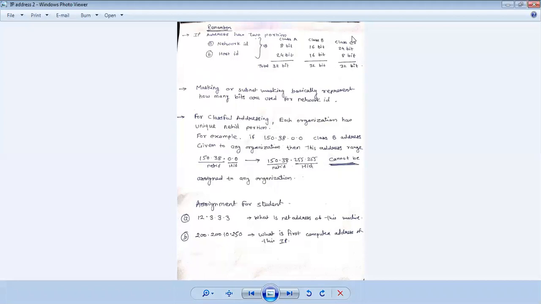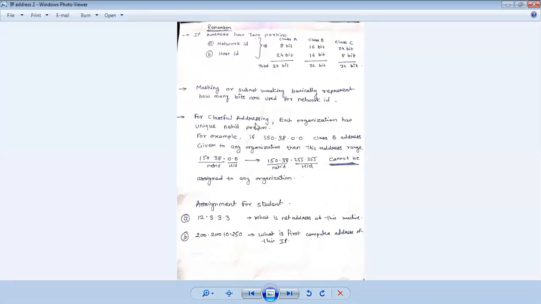It means in Class C, with 2 power 8, maximum 255 computers can be attached to a particular network. Now, masking, or sometimes we call it subnetting or subnet masking, basically represents how many bits are used in your IP address for identification of your network portion.